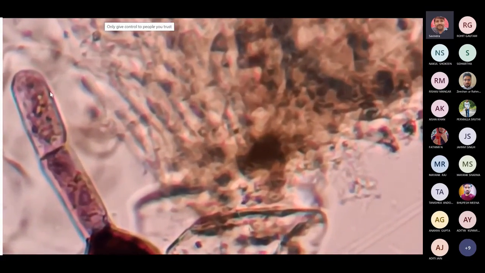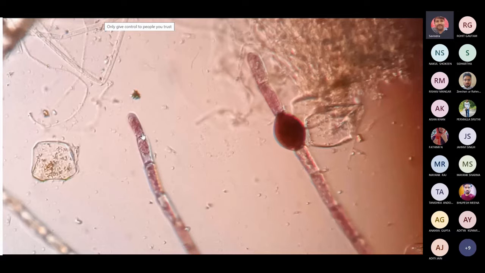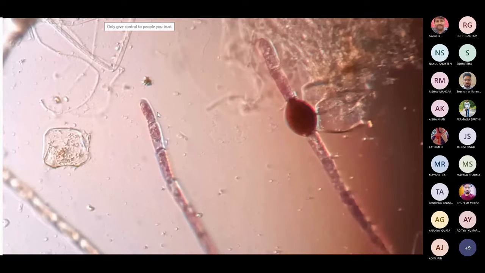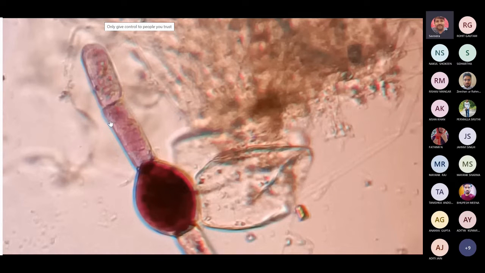Only focus right now on the topmost cell. It's a dome structure. These are the apical cells of Oedogonium. This one as well.